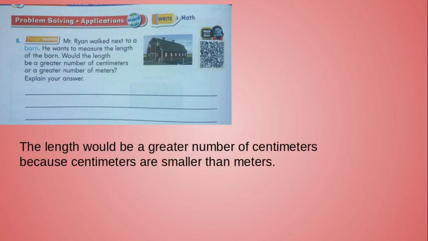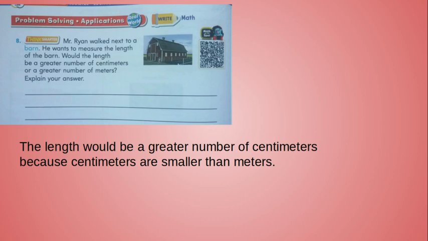Imagine you could use a centimeter cube to measure that, and imagine you can use a meter stick. Which one would it take more of? Definitely the centimeter cube because they're so much smaller. So we could write the length would be a greater number of centimeters because centimeters are smaller than meters.